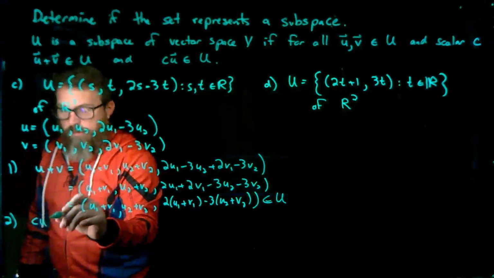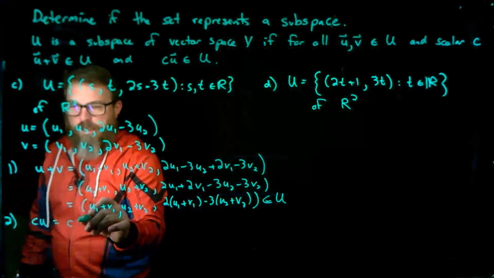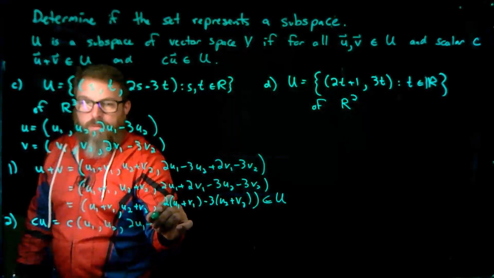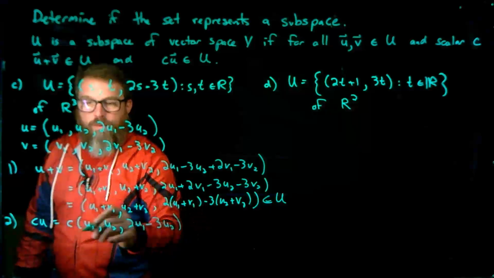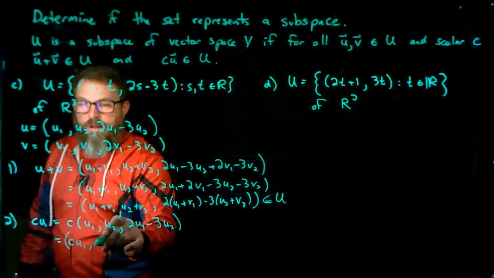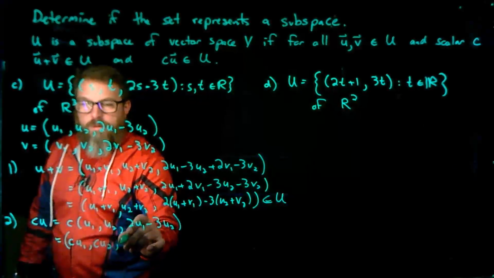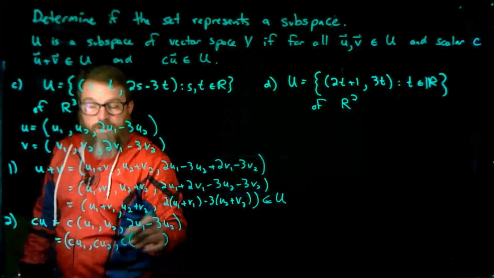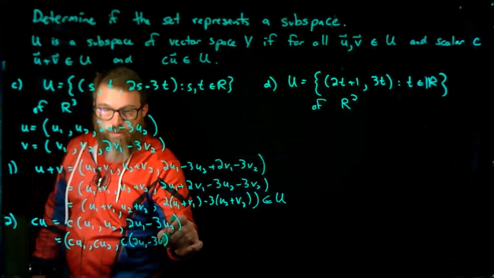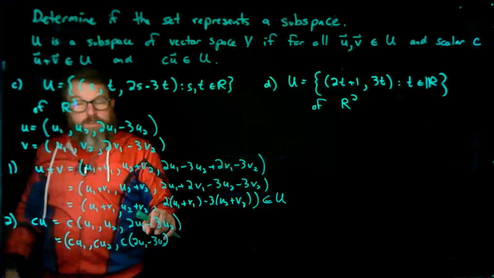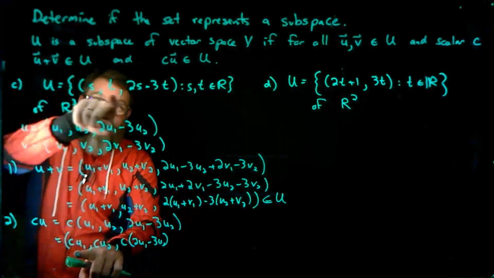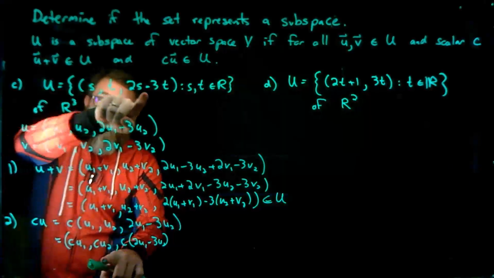So C times U. Well, this would be C times U1, comma U2, comma 2U1 minus 3U2, and when I distribute the C across here, it's going to be CU1, CU2, and then C times what is here, so 2U1 minus 3U2. Now what I want this to say again is I need 2 of the first minus 3 of the second.